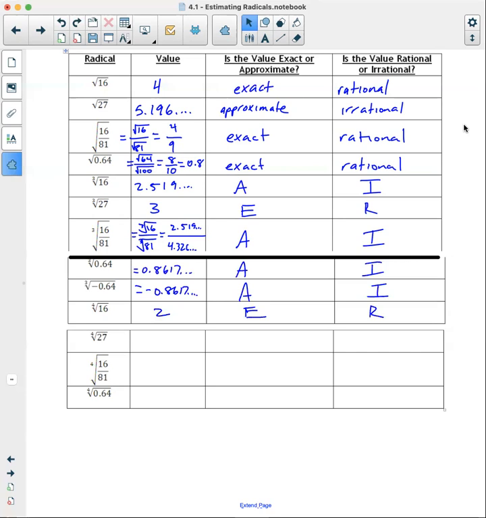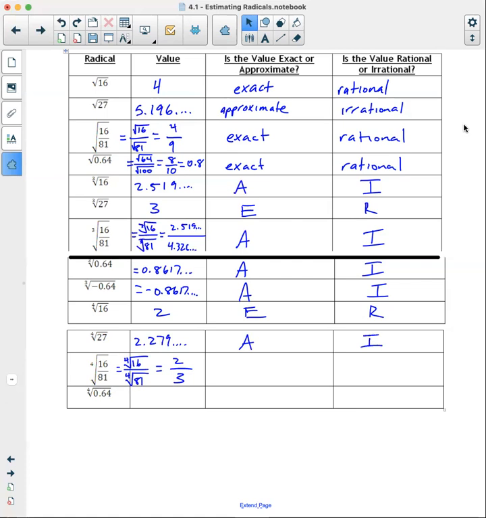Okay, hopefully you're starting to get the hang of this. The fourth root of 27. Try putting this one into your calculator. Hopefully you get 2.279 and a bunch of decimals. Approximation, irrational. And this last one here, the fourth root of 16 divided by 81. Anytime you see something like this, try to take the fourth root of the numerator and the denominator separately. Okay, because this will come out as 2/3.